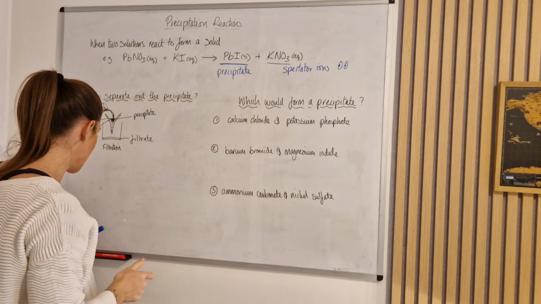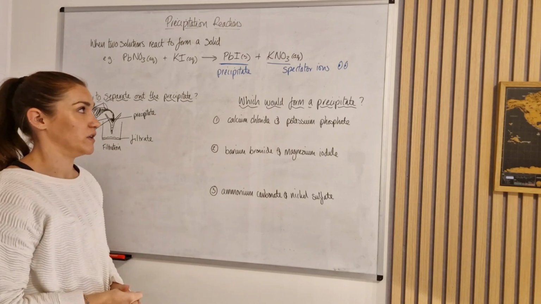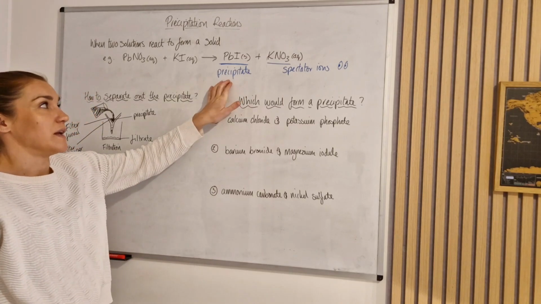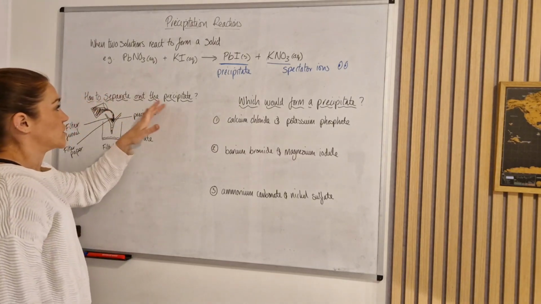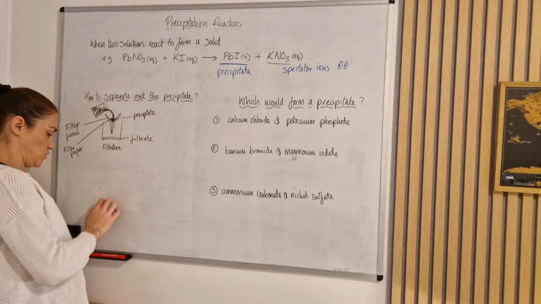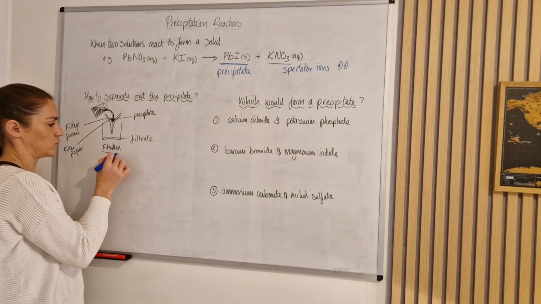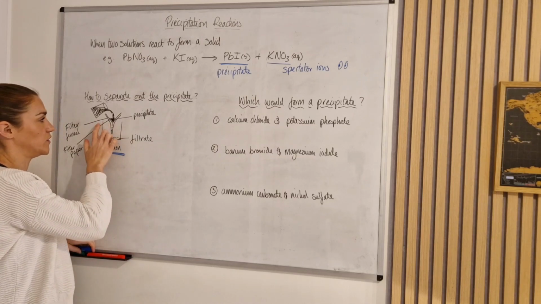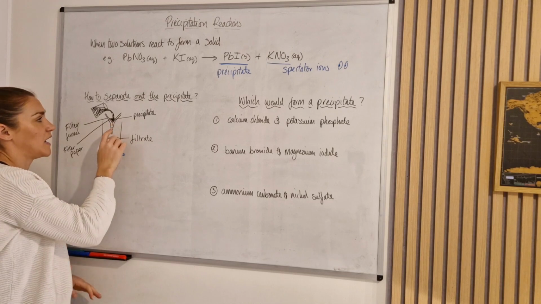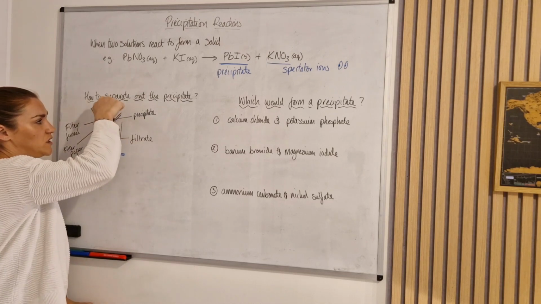Okay, so once we've done a precipitation reaction, we can then separate out our precipitate if we want to use it for something. And in order to separate out the precipitate, all we have to use is the method of filtration. So for filtration, you have a filter funnel with filter paper in it, and you would pour your solution into the filter funnel.